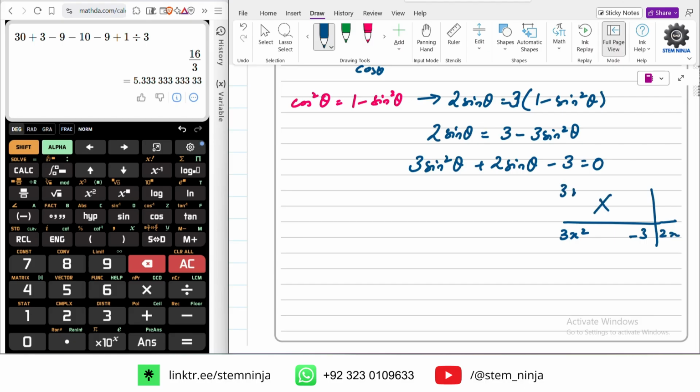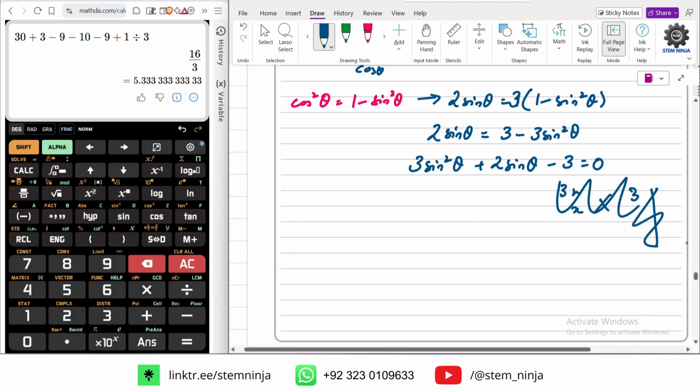So you have 3x, 3x, and 3, 1. No. Okay. Let's try out with the quadratic formula. So minus b plus minus square root of b squared minus 4ac.